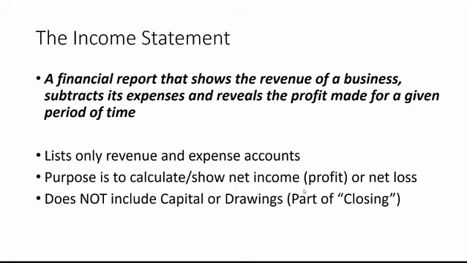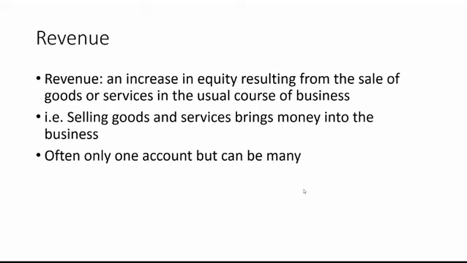We don't typically use the word profit in accounting; we use the term net income. Net just means that we're subtracting. It's not anything very mysterious. Whenever you see the word net, it just means that something has been subtracted. We do not include the capital or drawings account on the income statement. We will learn how to do that as part of the closing process.